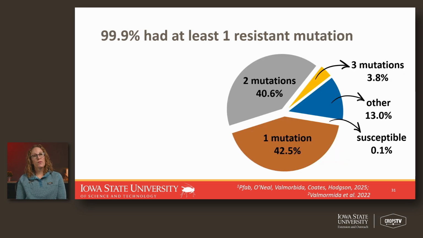And unfortunately, what he found is almost nearly every single aphid had at least one of those KDR or super KDR mutations. In fact, 42.5% had one mutation, 40.6% had two mutations, and just under 4% had three of those mutations.